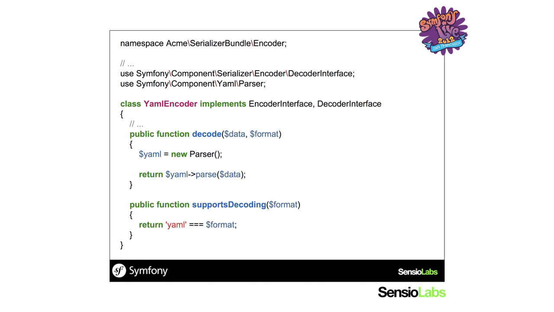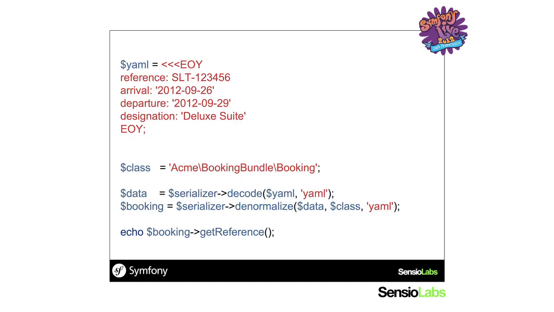Johannes has written the JMS serializer bundle, and this JMS serializer bundle provides lots of extra features to convert your PHP objects and to normalize and denormalize them.